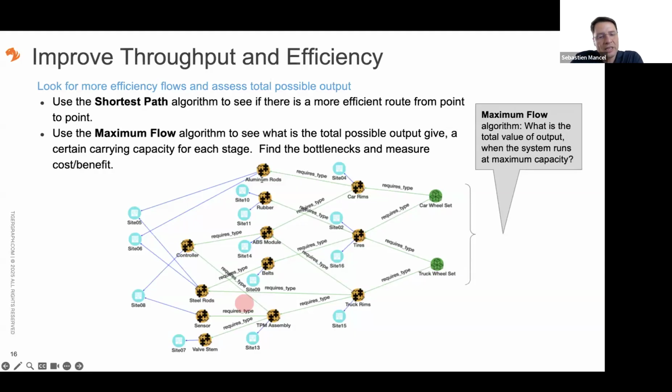So by simulating different load scenarios, we can directly measure cost versus benefit for process improvements before making operational changes. And once again, this capability is only possible because graph models the full structure of interdependencies, enabling both operational optimization and strategic decision-making.